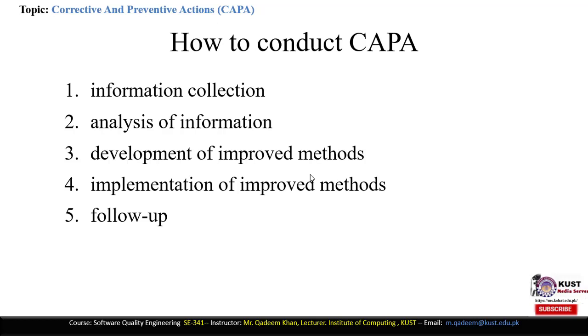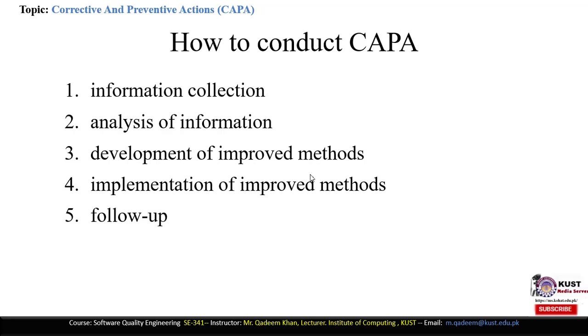For example, the previous technology for the software development was C++, and now we want to adopt a new technology. So the candidate technologies may be Android or Visual Studio.NET. So we have to work for the improvement of the methodology that is used for the software development.